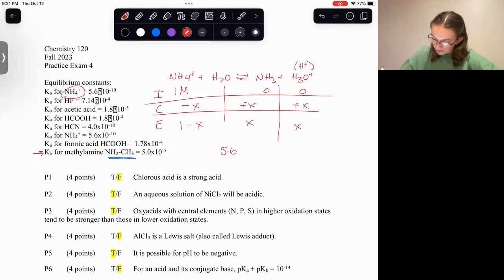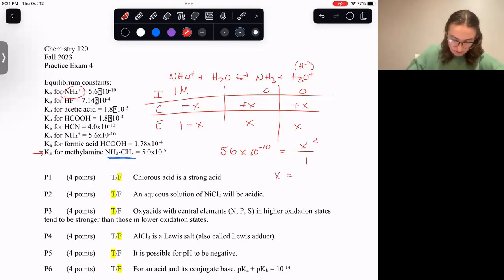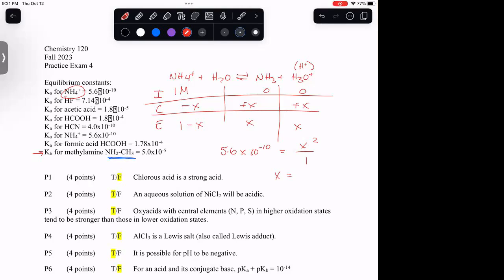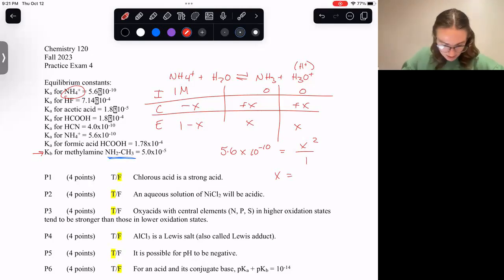We get 5.6 times 10 to the negative 10 is X squared over 1. So X would be equal to an itty bitty number, 0.0000236664. So this is how much X is.